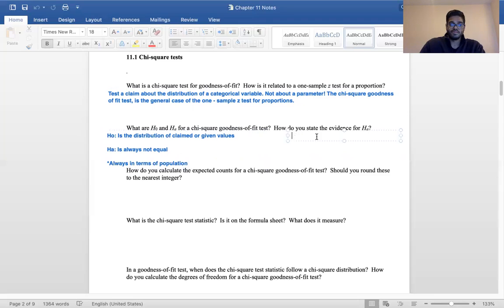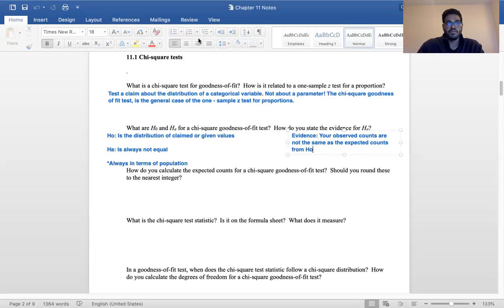And then your evidence: the observed counts are not the same as the expected counts from H0. How do you find the expected counts? You've done this before with the binomial.